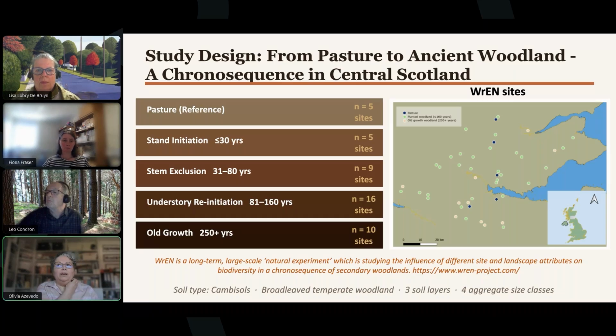We grouped our 5 successional stages: pasture as a reference, stand initiation at 30 years or younger, stem exclusion from 31 to 80 years since planting, understory reinitiation from 81 to 160 years, and old growth / ancient woodland at 250 years and older. Next, please.